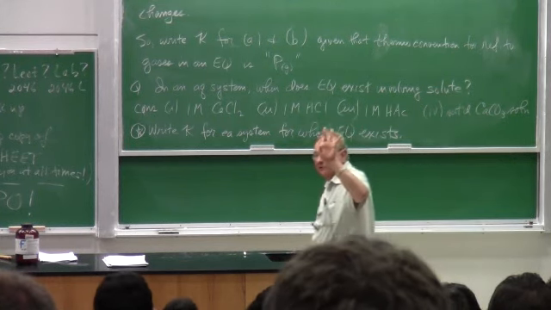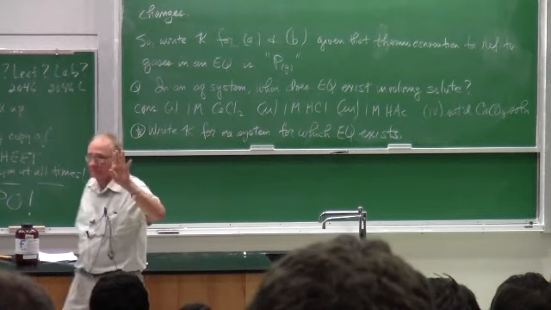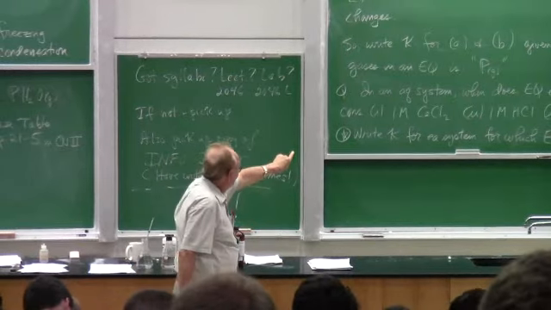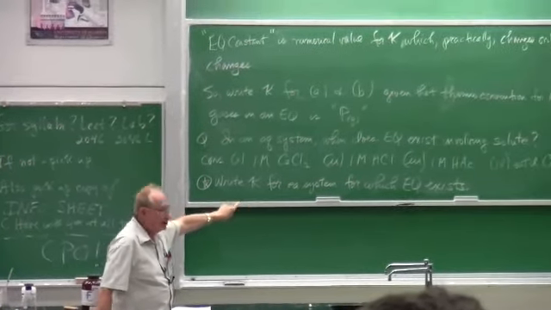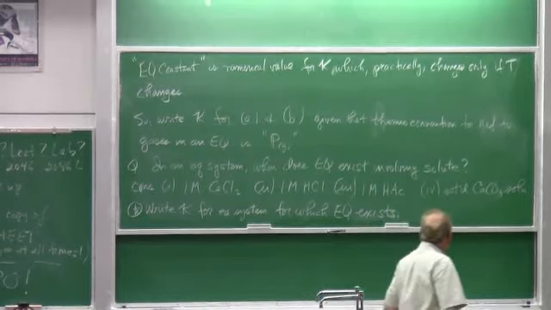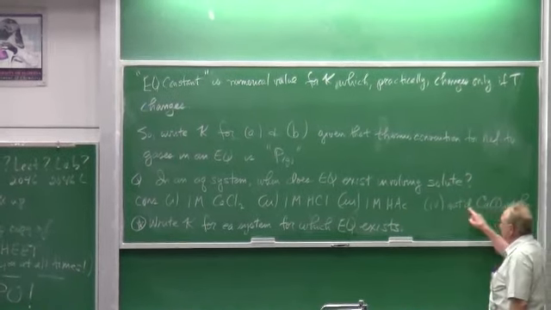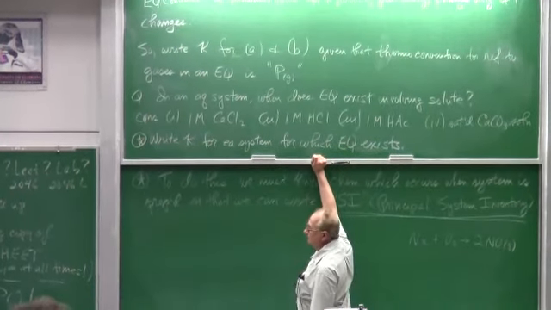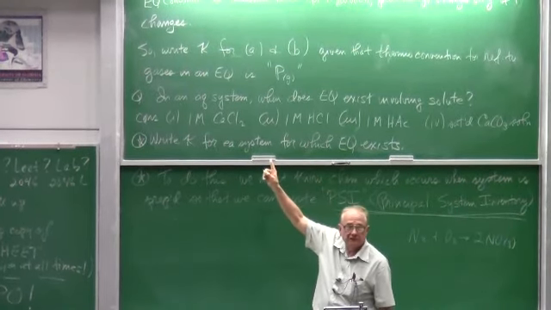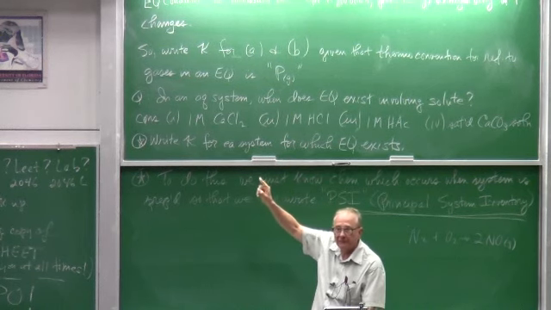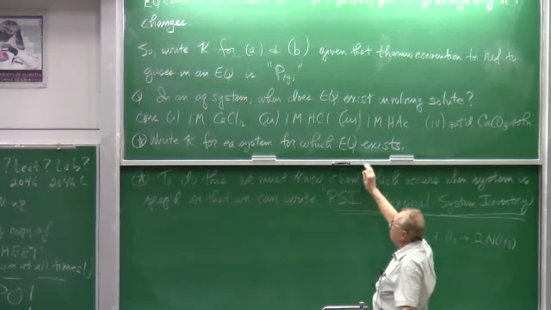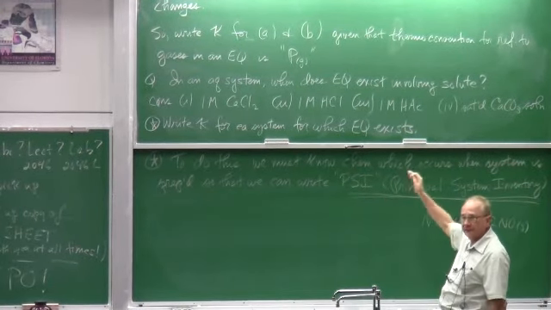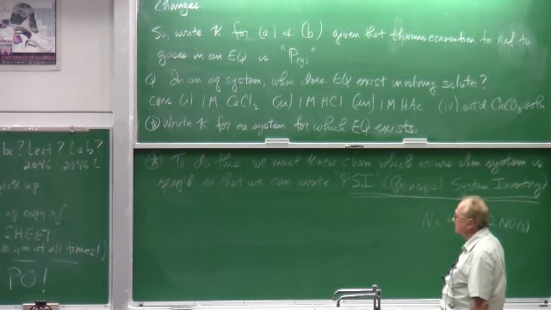Of these 4 systems, 2 of them have an equilibrium which exists involving solute. Here's the solute, here's the solute, here's the solute, here's the solute. I want you to identify the 2 systems of these 4 which contain an equilibrium that involves solute. And then I want you to write K for the system, because you've recognized that for that system equilibrium exists involving solute.